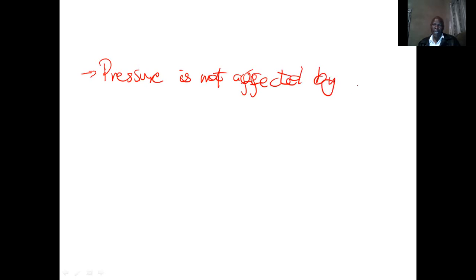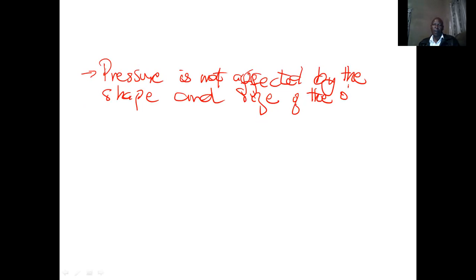So pressure is not affected by the shape and the size of the object.